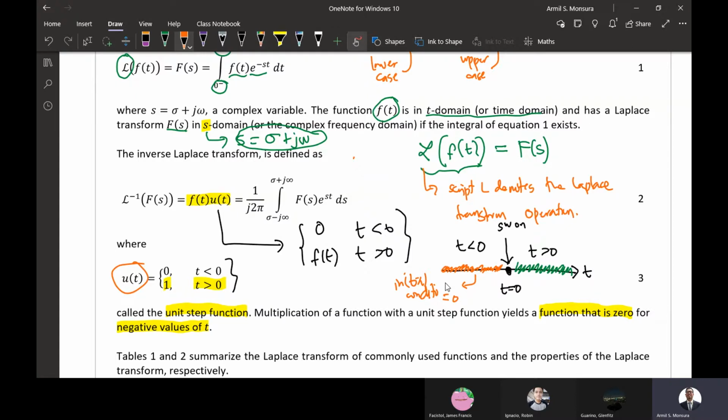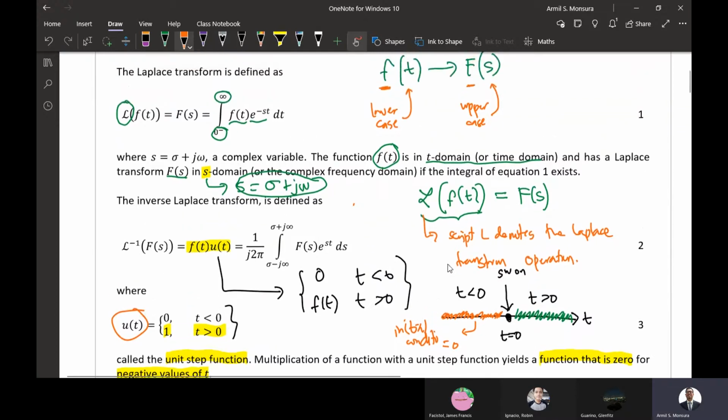Magiging concern yun kapag nag-aral tayo ng mas advanced na techniques in control systems engineering. In that case, napaka-useful ng Laplace transform because by the definition of the Laplace transform, it only obtains the integral for positive t.